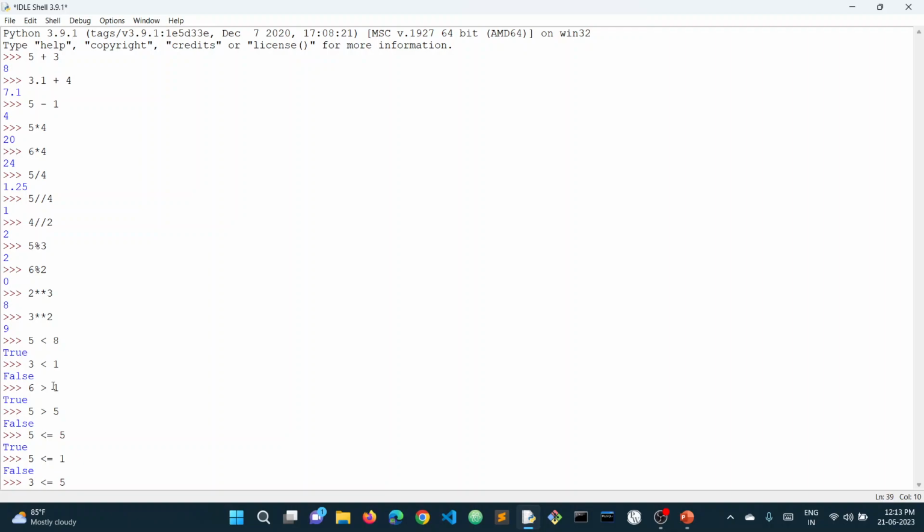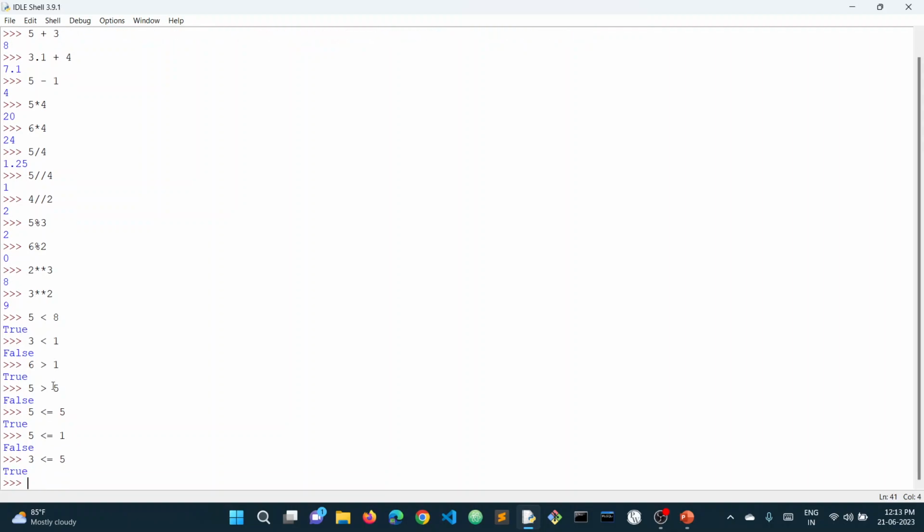The less than equal to operator will return true if the number written on the left hand side, in this case 3, is less than the number written on the right hand side, in this case 5, or both of them are equal. In this case 3 is less than 5, so it will return true. Similarly, you can play with greater than equal to, so I'm not going to discuss it separately.